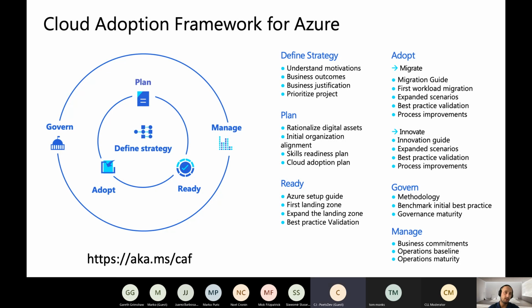Maybe it's better for you to have a few of them. And the Cloud Adoption Framework provides guides for this, and also provides examples and finished landing zones that you can just deploy from GitHub into your Azure.